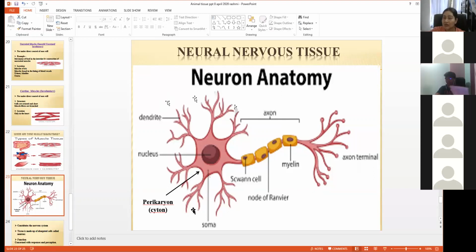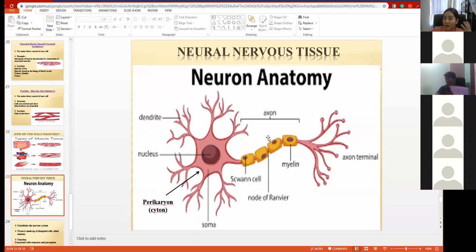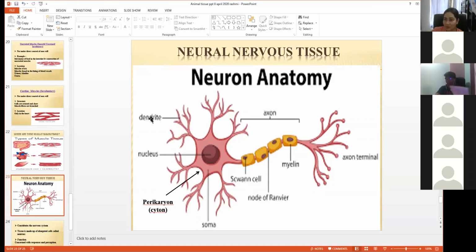Okay. Now, what does a cyton have? A cyton consists of dendrites. It consists of the nucleus. Now we'll go to each and every function. What are the dendrites, students? The dendrites are the ones which will receive the impulse or the signal. The nucleus is the most important part of the neuron because the information is processed here.